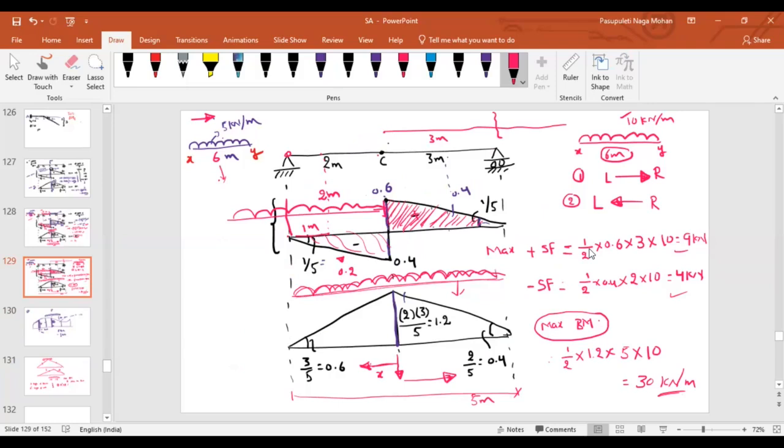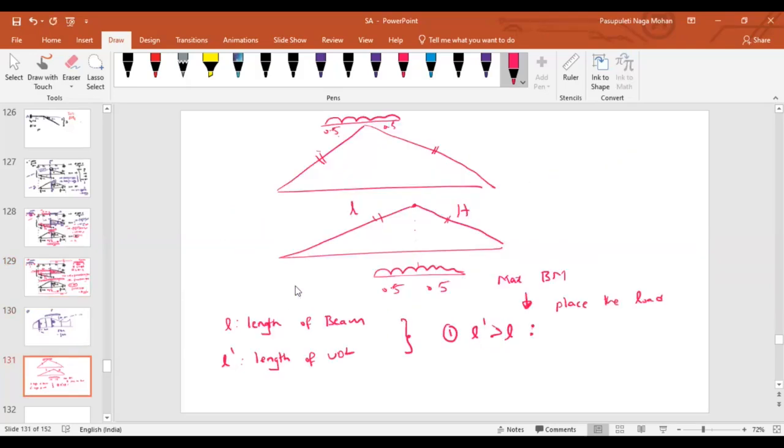On the entire beam, isn't it? Yes, sir. Place the load on the entire beam.